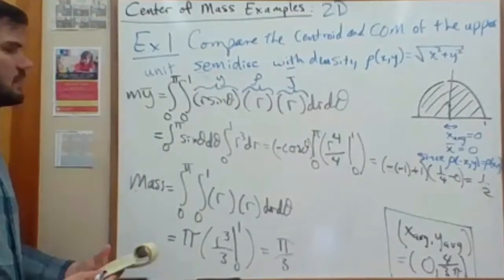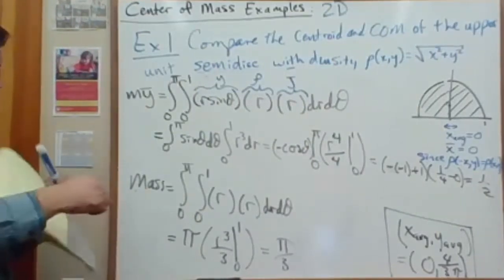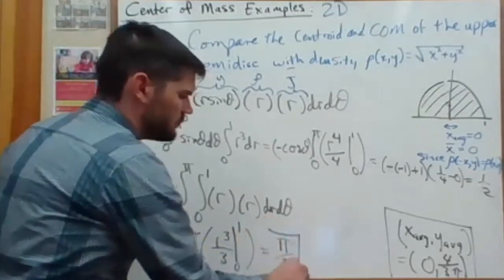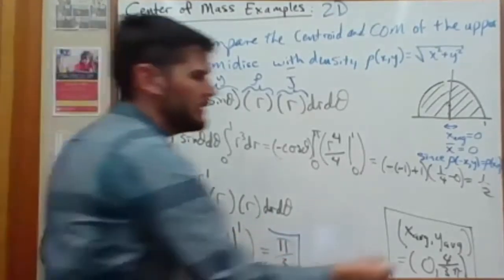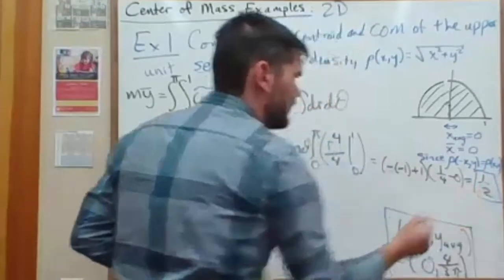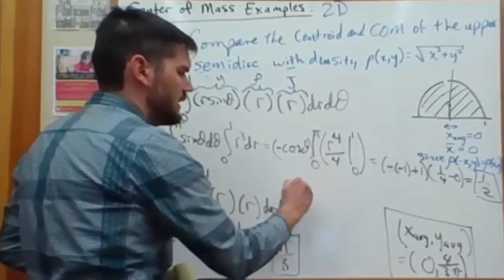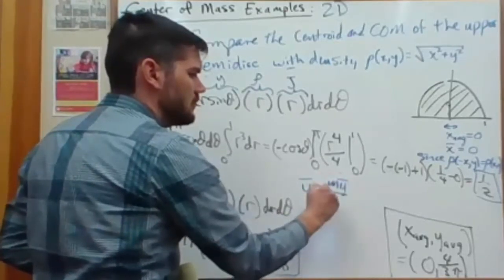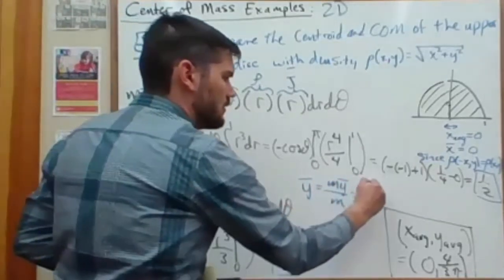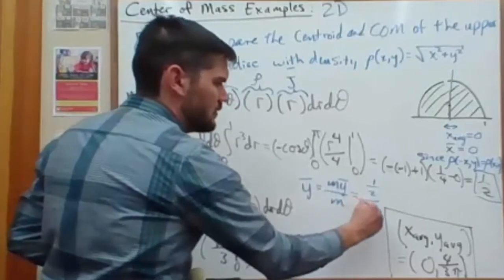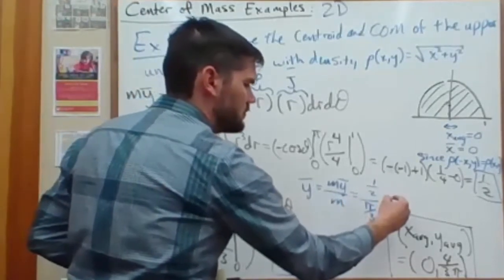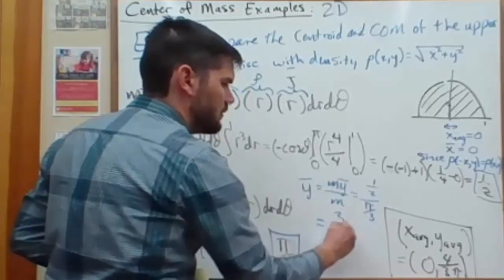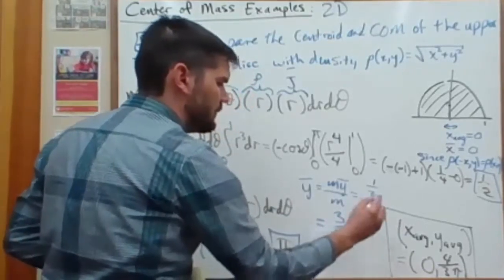So we get 1/2 for this moment. And we combine our mass we computed and the moment to get y bar equals over 2 pi.